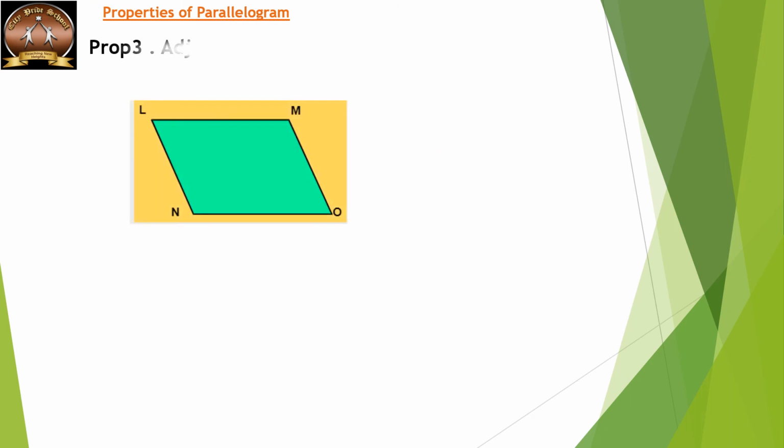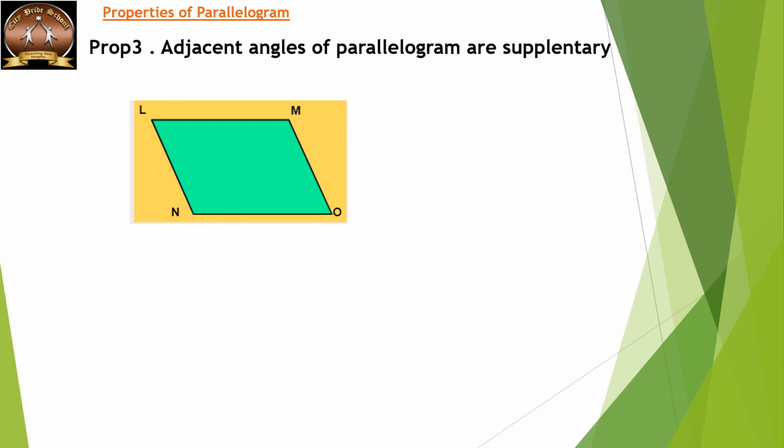Now let us move on to the next property, property 4, that is adjacent angles of a parallelogram are supplementary. Adjacent angles means angles beside each other. That is angle L and angle N are supplementary. That means angle L plus angle N is equal to 180 degrees. Similarly, if you take any two pairs of adjacent angles, then they will be supplementary.